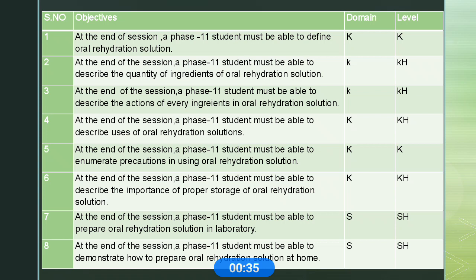First, we define oral rehydration solution, that is, what is ORS. Then we describe the quantity of ingredients of ORS, the action of every ingredient in ORS, and the uses of ORS.